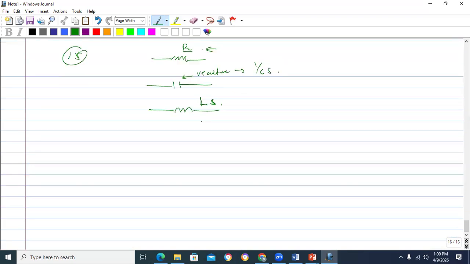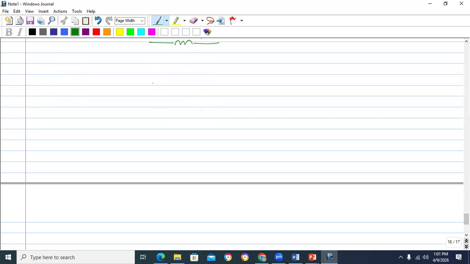Now, let's say that you are given a circuit like this. This is an inductor, this is a resistor, and this is a capacitor, and you have a source here. This is an inductor, so you can write it as Ls.